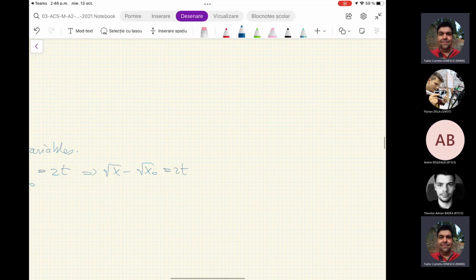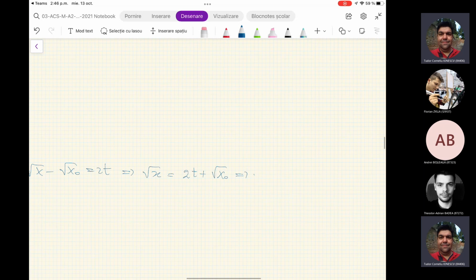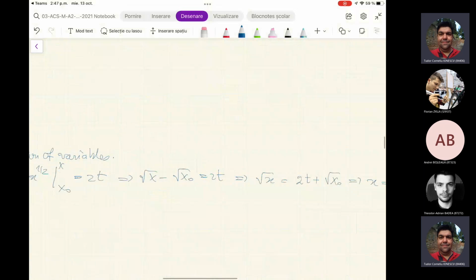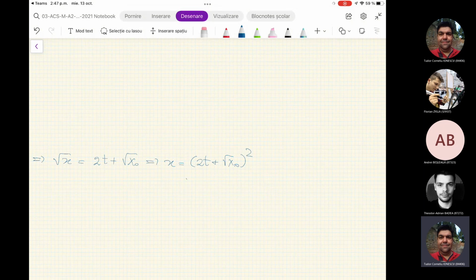Then you get square root of x is 2t plus square root x naught. True? So the solution x is 2t plus square root x naught, squared. Oh, the initial condition is 0, so x naught is 0, and the solution is x of t equals 4t squared.